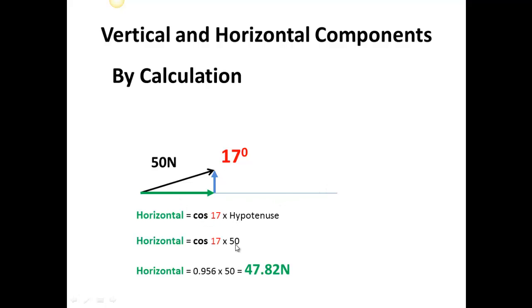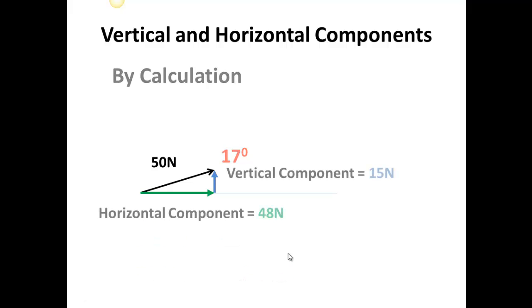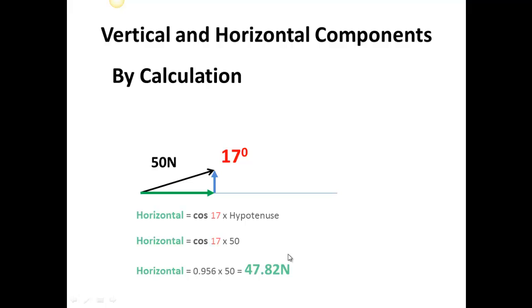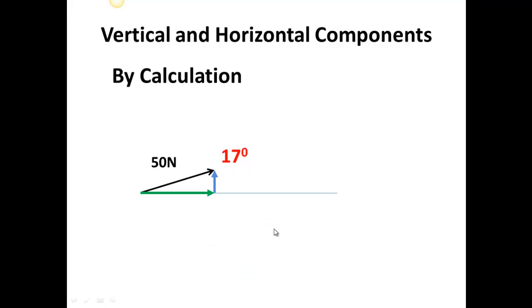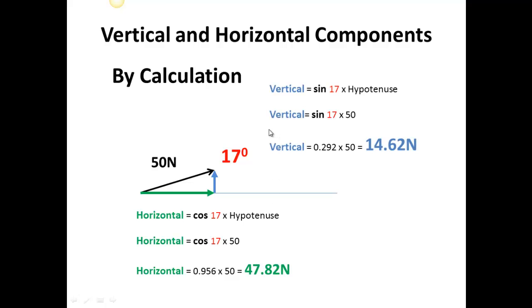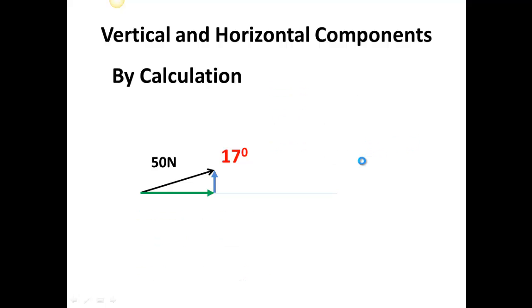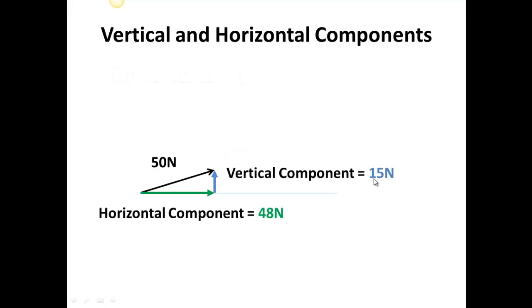Cosine of 17 times 50 gives us 47.82 newtons, which is close to our 48 newtons that we measured. And vertical is going to be again the sine times 50. 0.292 times 50 gives us 14.62. We measured 15.